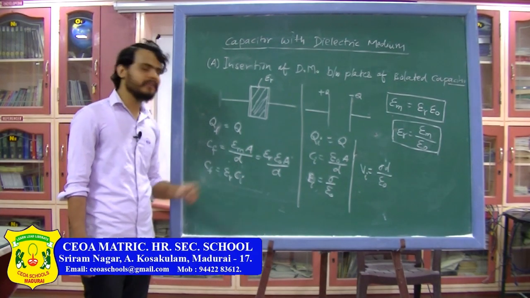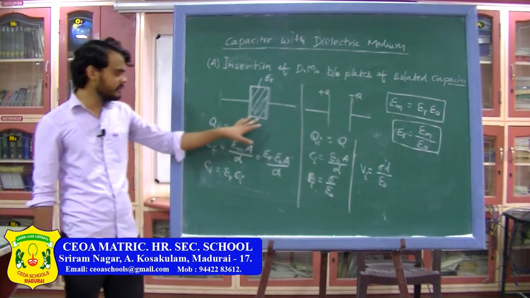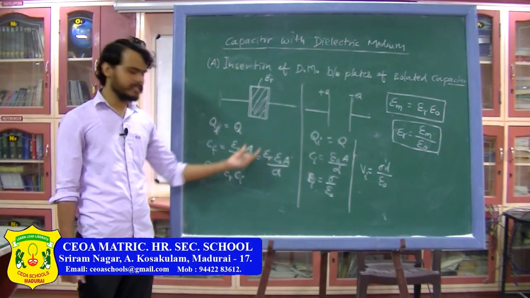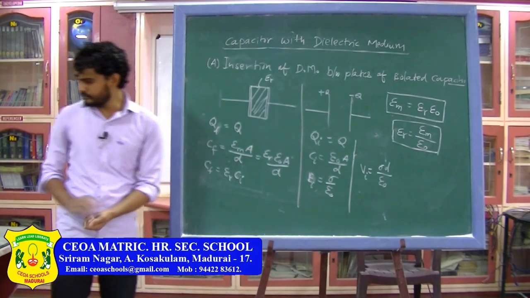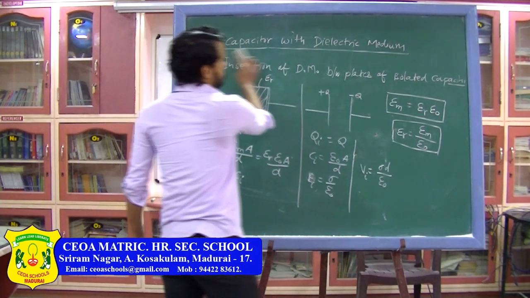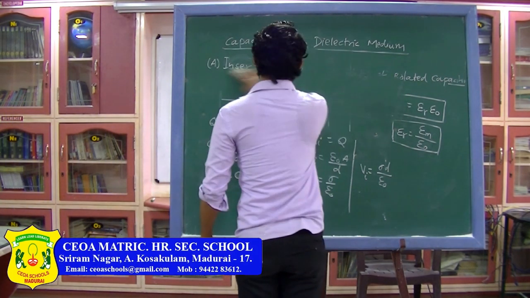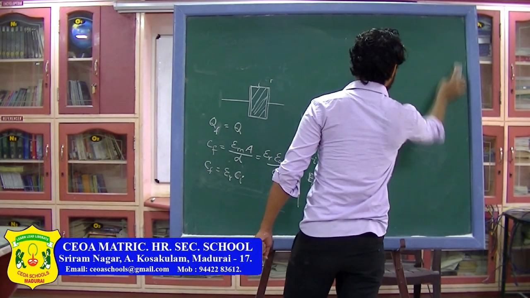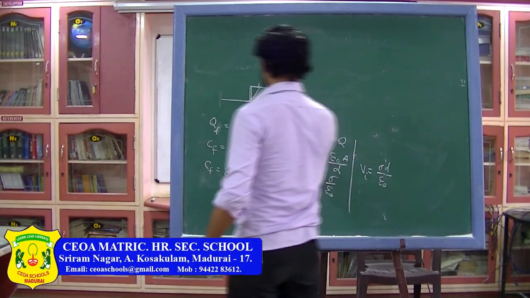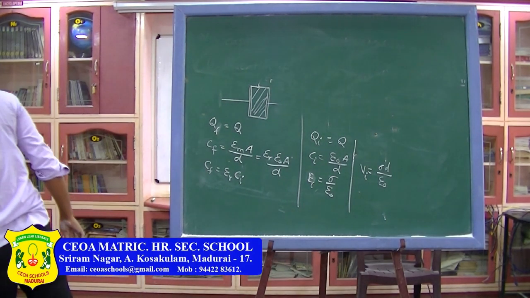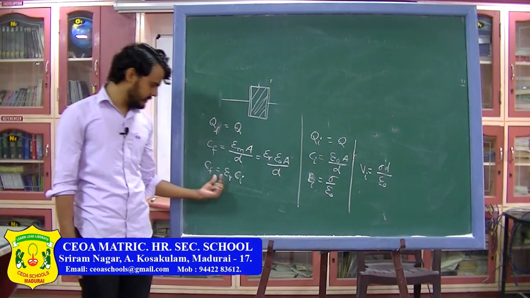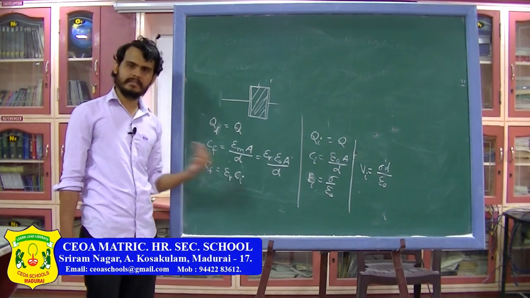If you insert a dielectric slab between the capacitor plates, the capacitance is going to increase. Charge remains same but capacitance increases. So final capacitance C final is equal to epsilon r C initial.